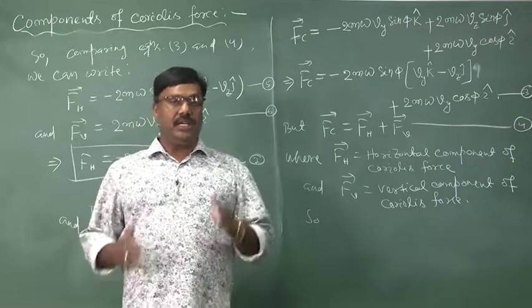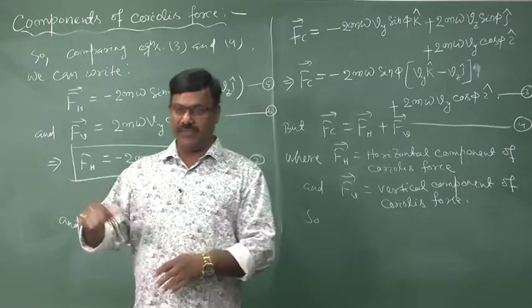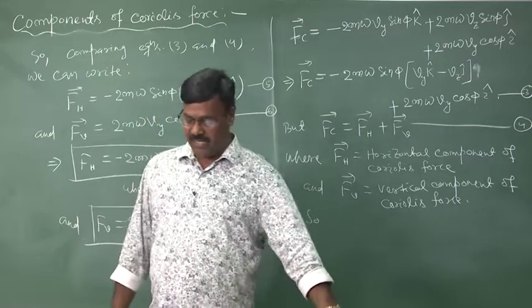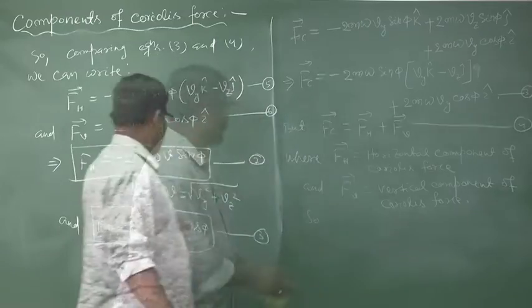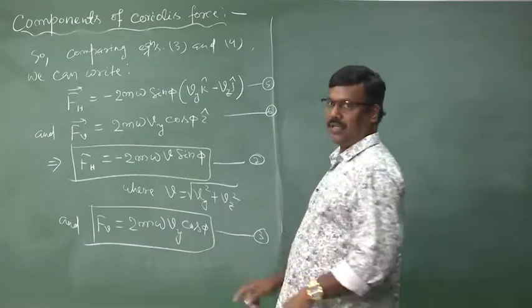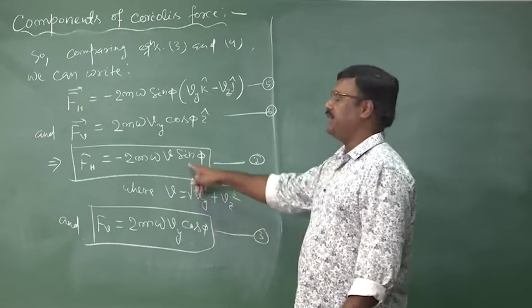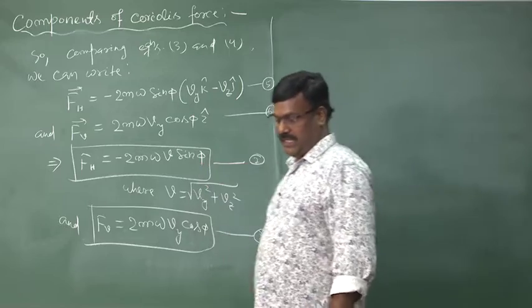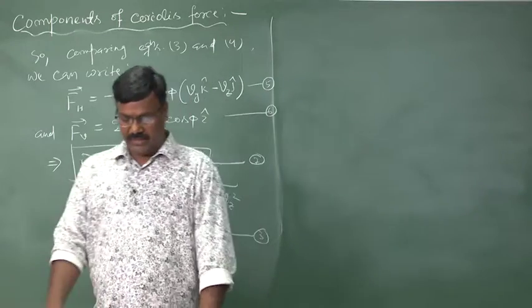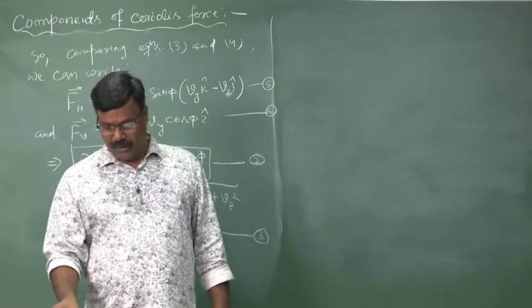If the body is in the northern hemisphere, then it will deviate towards the right, and we can conclude that in the expressions for the horizontal and vertical components of Coriolis force, there is the factor phi, which is nothing but the latitude of the point.